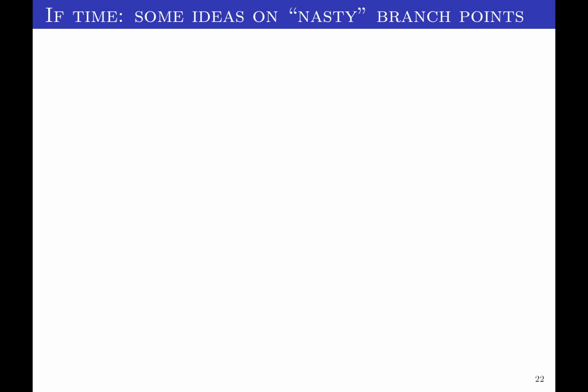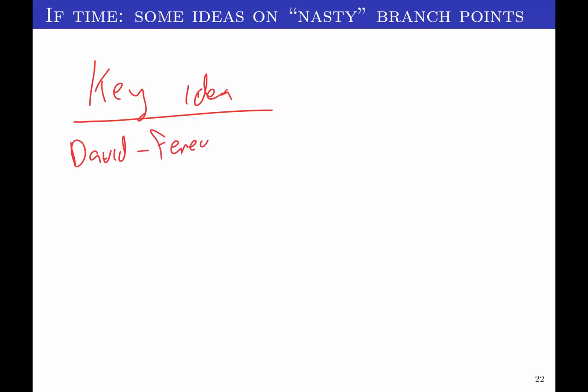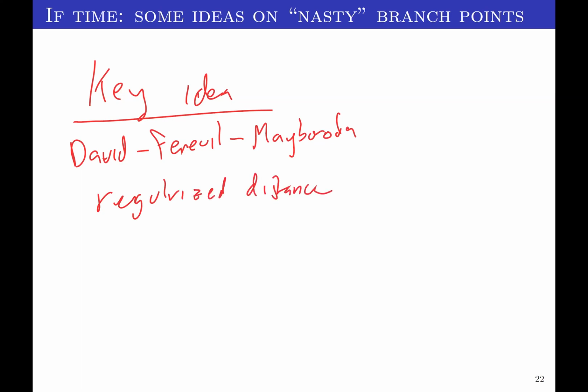Let me just say something very quickly about these almost minimizers. The key idea is as follows. There's this very nice paper of Guy, Joseph Fenoy, who's a postdoc, working with Bojo, and Svetlana, maybe Rhoda, where in a completely different problem, studying higher codimensional harmonic measure, they introduce what's called a regularized distance, which is d_alpha of x.